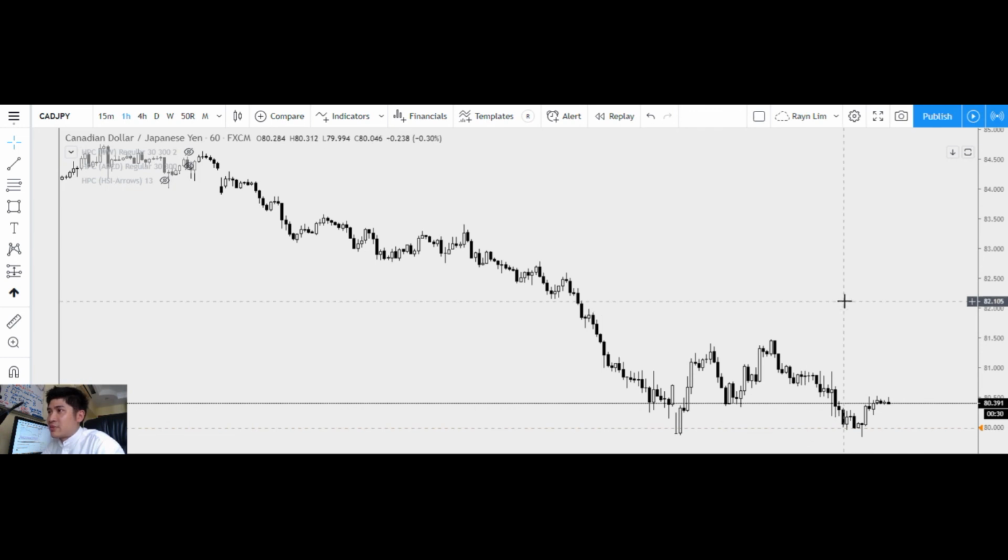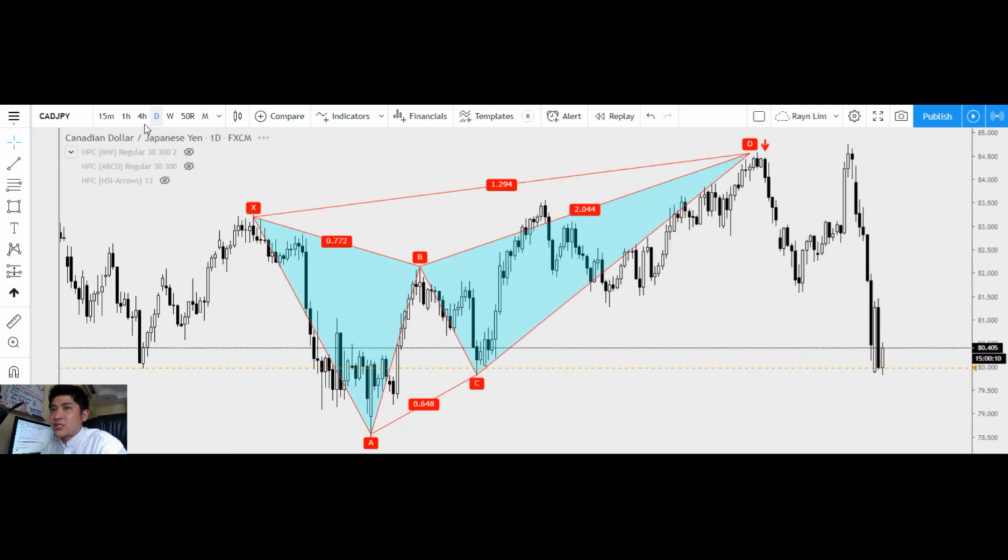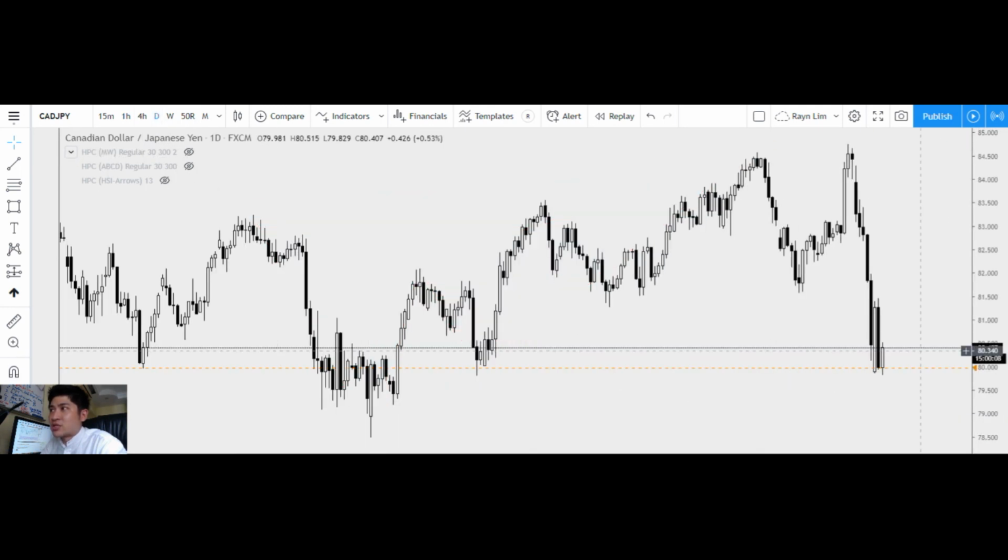But if you are sharp, you know the close enough rules, then this can be a shark pattern. Traders who are still not familiar with harmonic pattern and are still at the practicing stage, don't use the close enough rules. If not, it will open up too many trading opportunities for you. All right, got it? To the last pair, and I'm going to throw in a bonus for you for today.